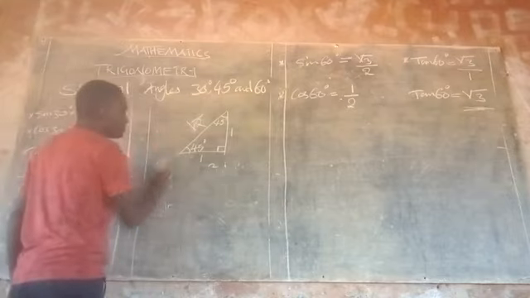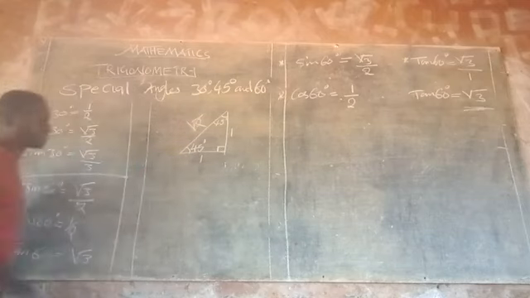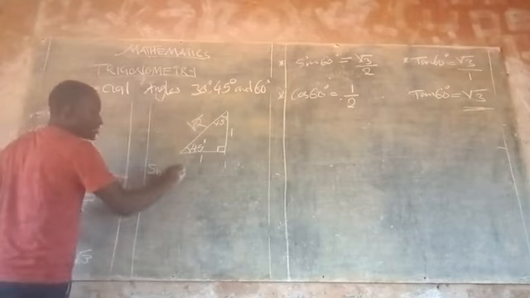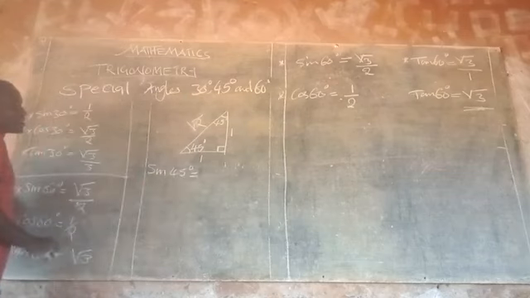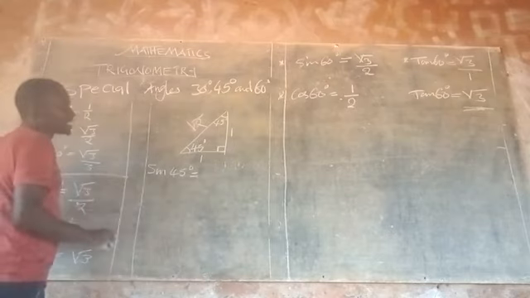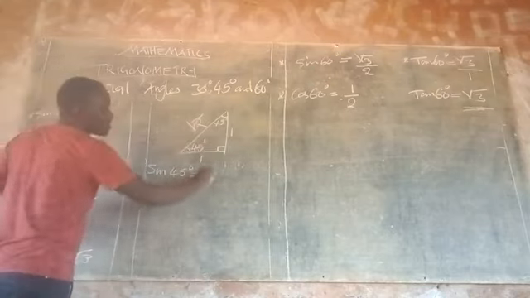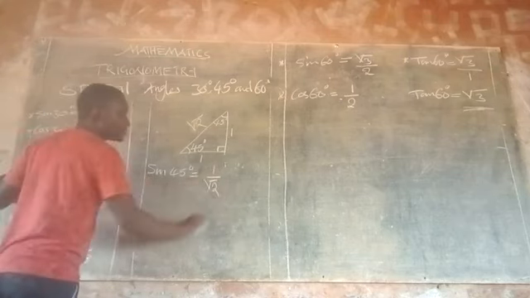So if you are to use sine, let's say sine 45 degrees. Remember sine is opposite over hypotenuse. So opposite, which is 1, over the hypotenuse, which is the root of 2.